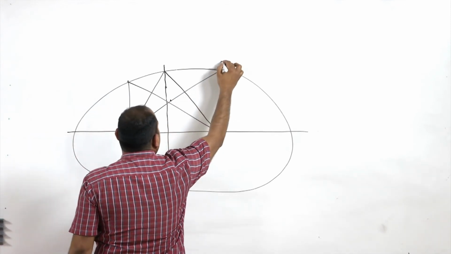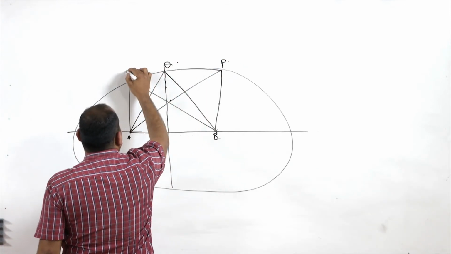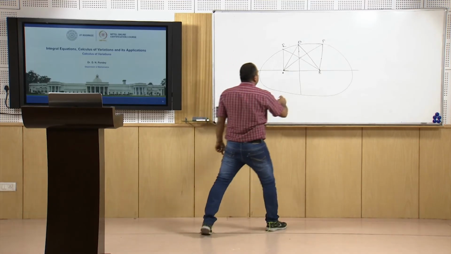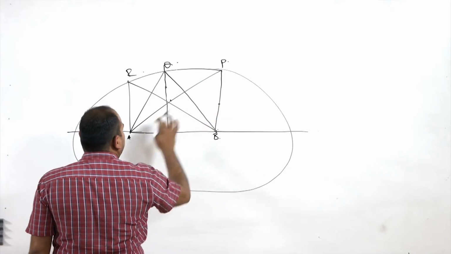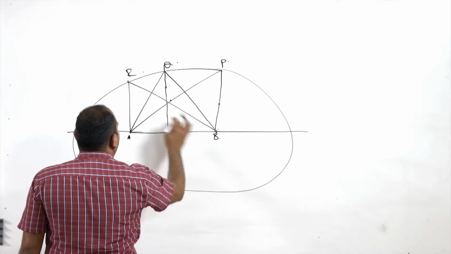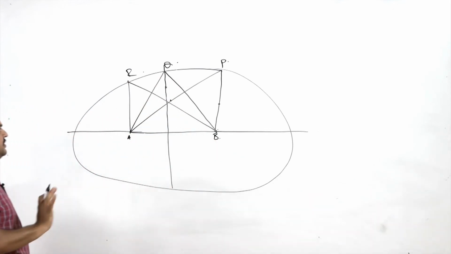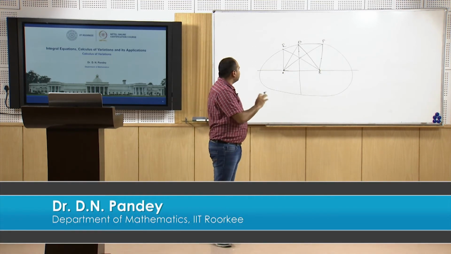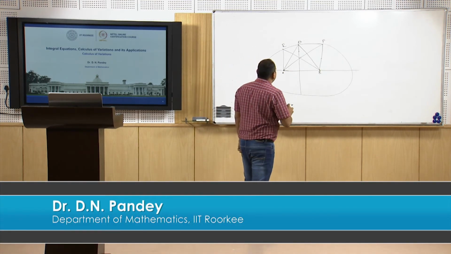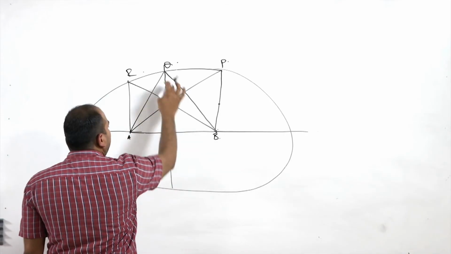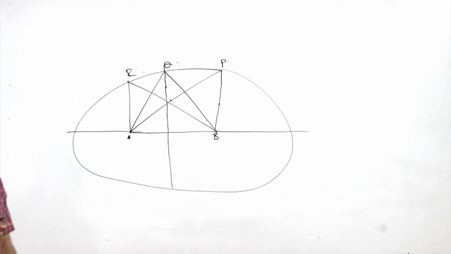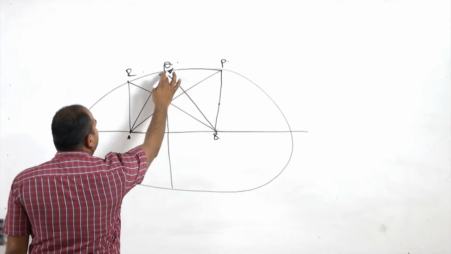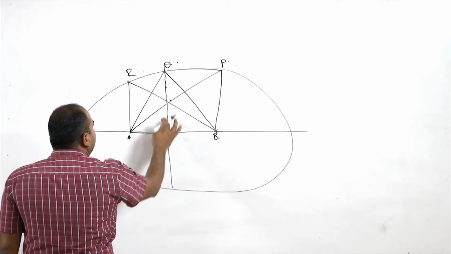We can consider these as P, Q, and R. So the perimeters of PAB, QAB and RAB will be the same. That can be shown with the property of an ellipse. But the area of AQB is going to be the highest, the reason being that it has the highest height.